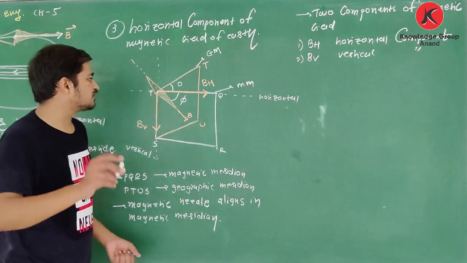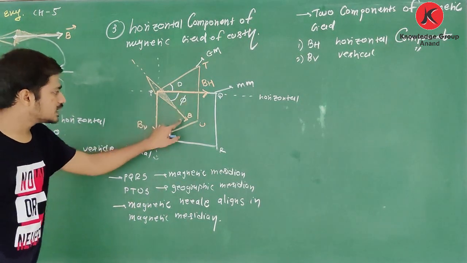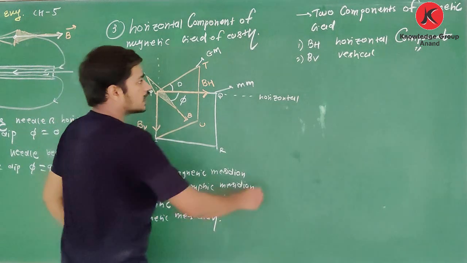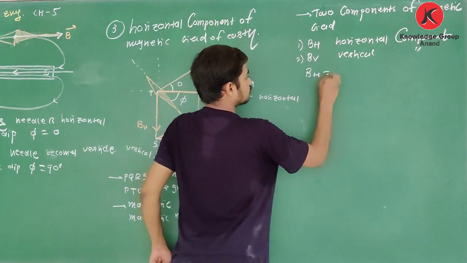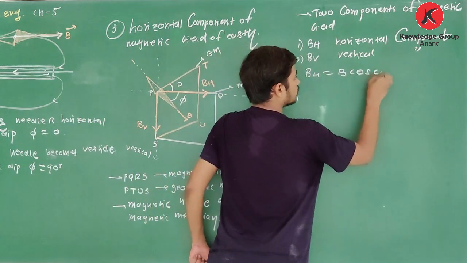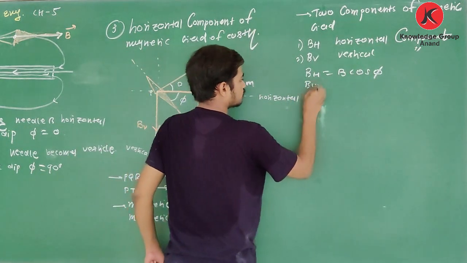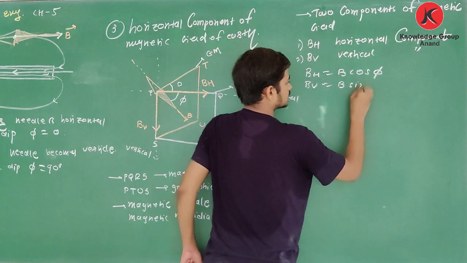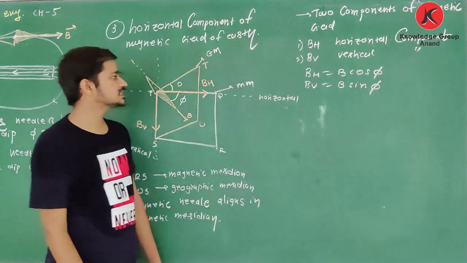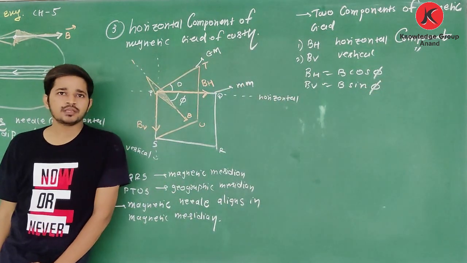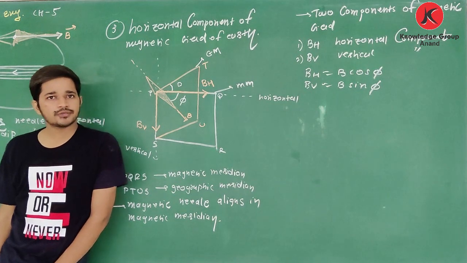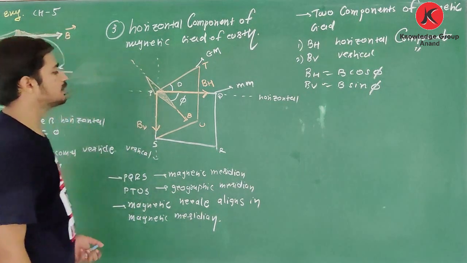Okay, now from the figure we can easily write BH. This B makes angle phi with BH, so obviously BH is equal to B cos phi, while this BV is equal to B sin phi. Clear about this? Okay, so yes, BH and BV.